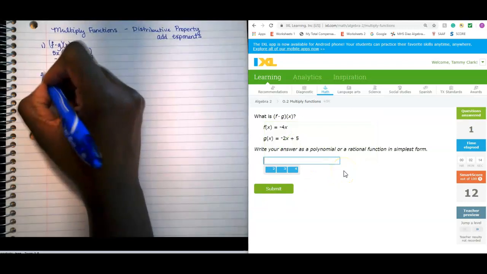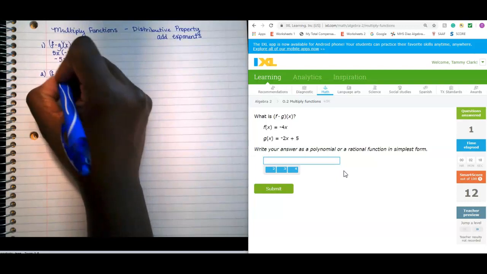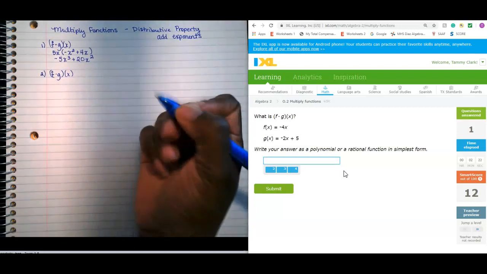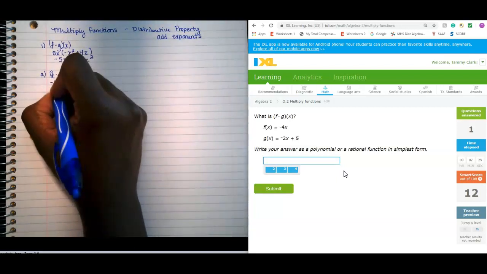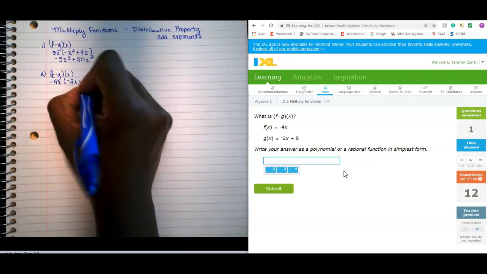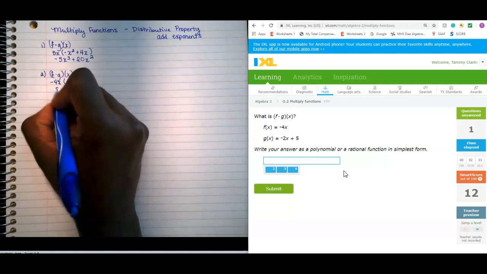Number 2, we've got multiply f times g of x, and we've got negative 4x multiplied by negative 2x plus 5. So negative 4 times negative 2 is positive 8.